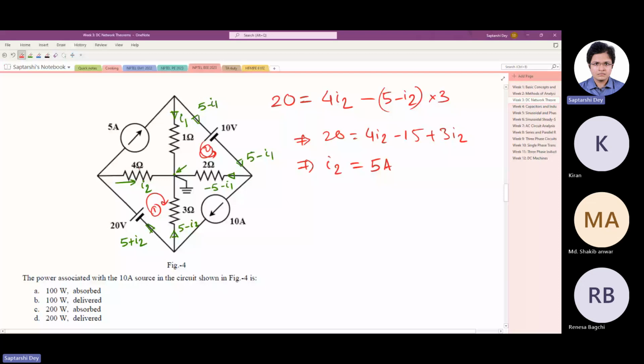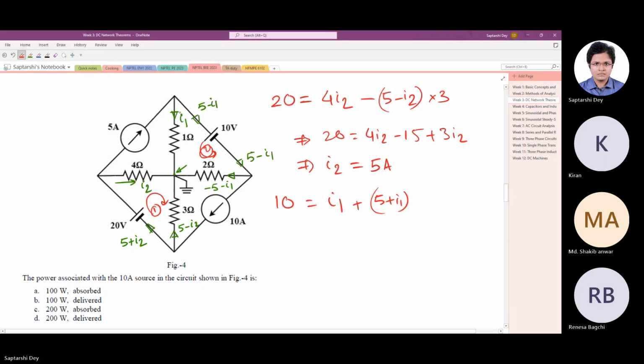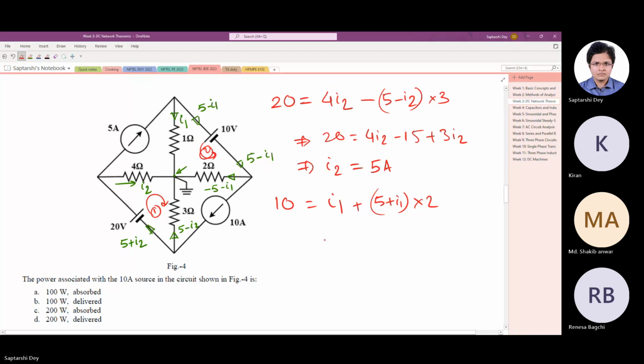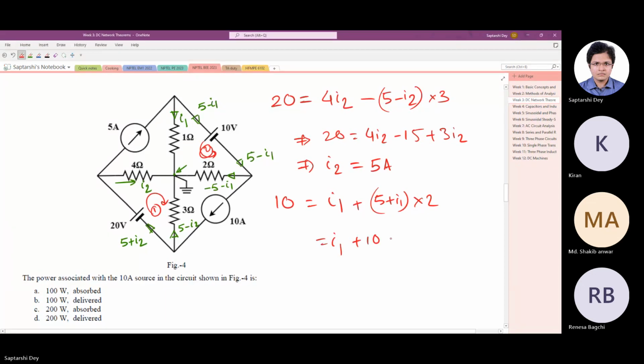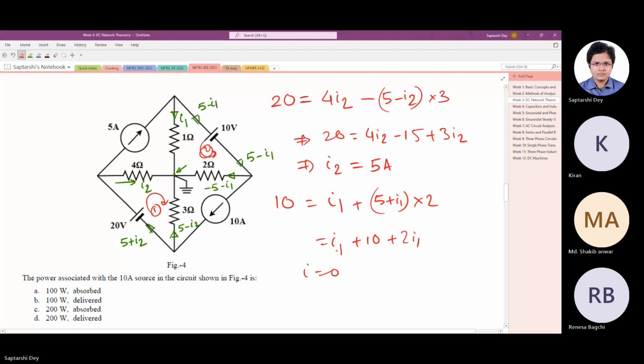So 10 equals drop I1 and rise, so plus. Are we getting I1 equals 0? Can you check once? Or did you make some mistake? 10, this is I1, so 10 equals I1.